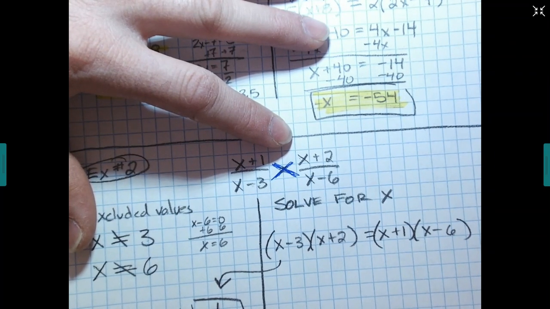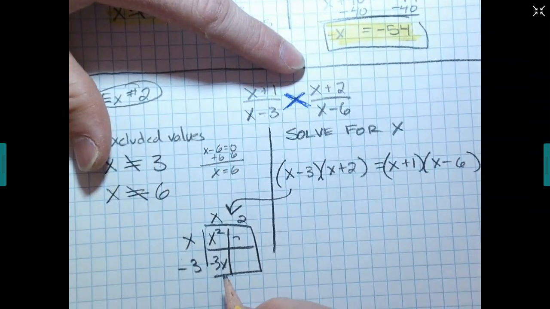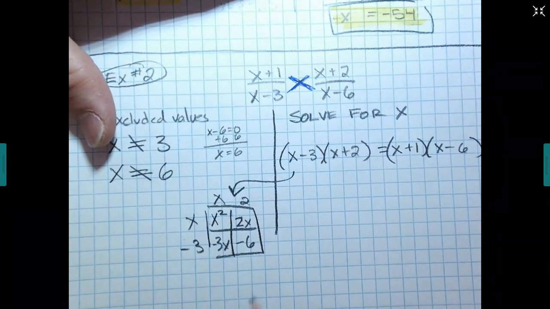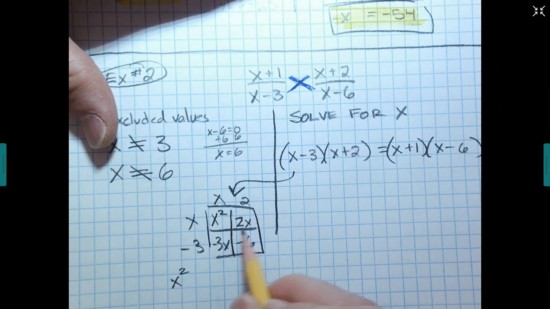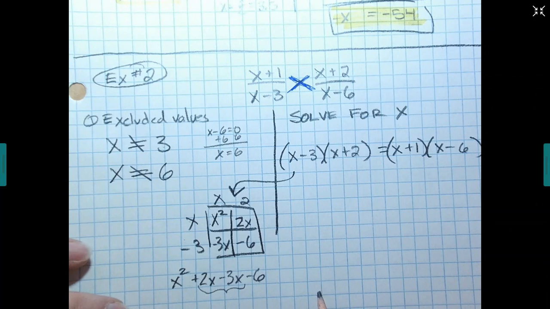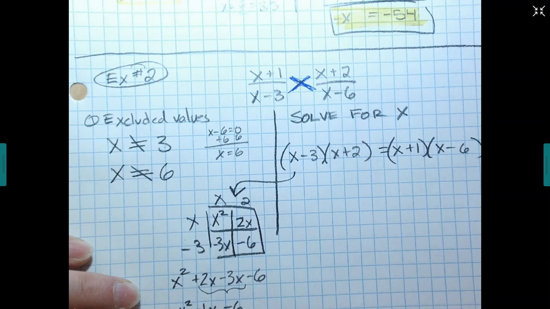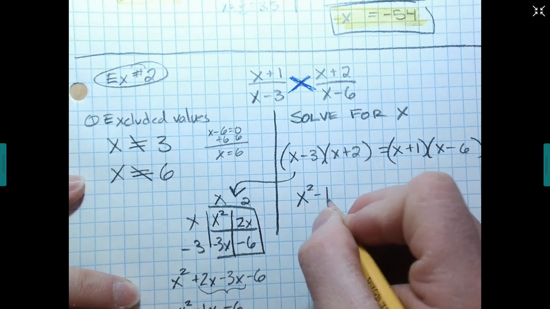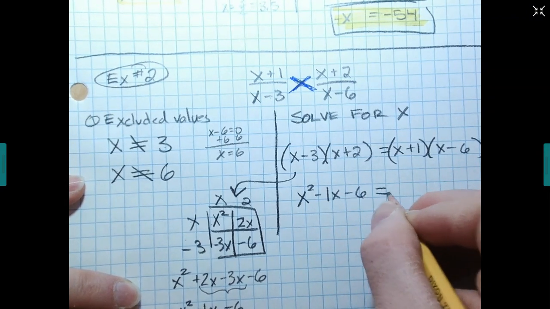I have x and negative 3, and I have x and 2. I have x squared, negative 3x, 2x and negative 6. So I have x squared plus 2x minus 3x minus 6. I combine my like terms, so this side is x squared minus 1x minus 6.